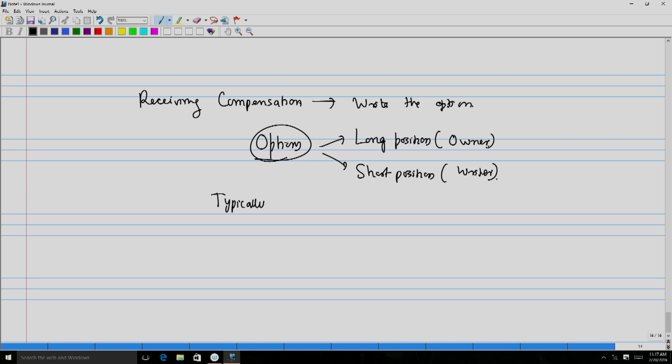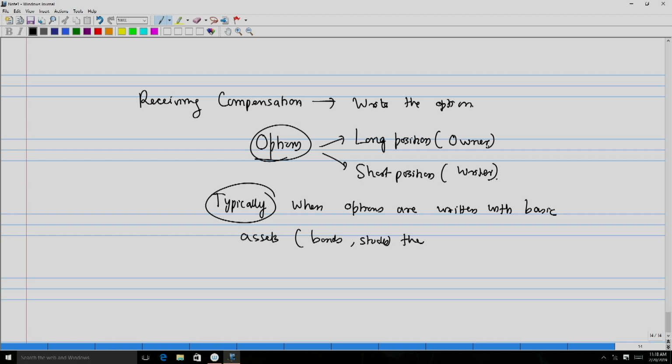Typically, when options are written on basic assets such as bonds and stocks, they are called plain vanilla options.